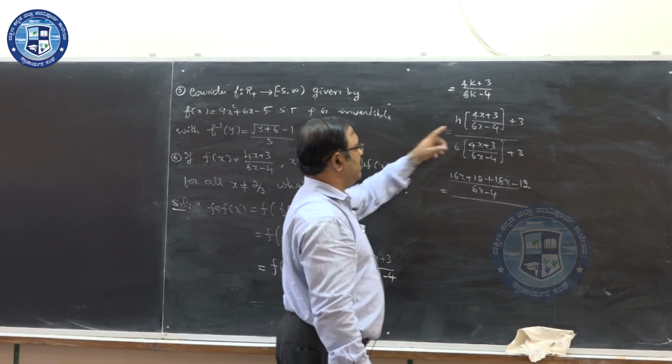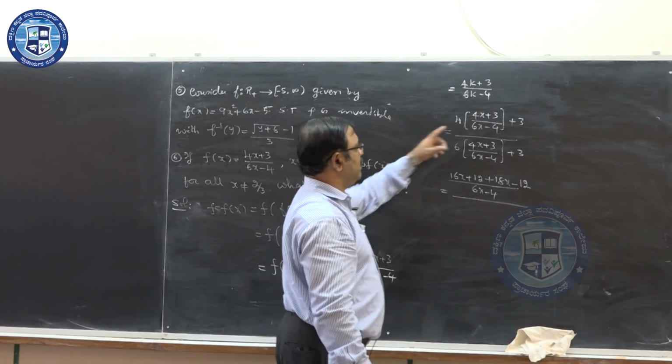See, first one: show that if f from A to B and g from B to C are 1 to 1, then g composite f from A to C is also 1 to 1.